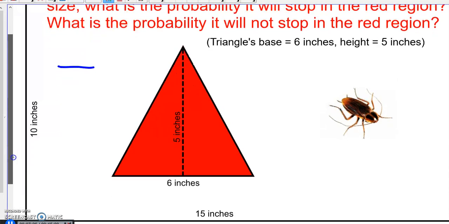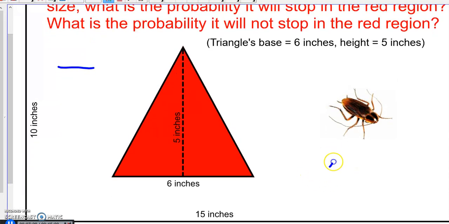So like, how many points can you fit in this square? Well, you could start drawing points, but you're going to fit infinitely many points in this rectangle where that roach could stop. So trying to think about this as total possibilities as our denominator doesn't really make sense.